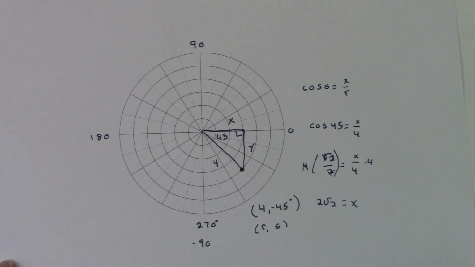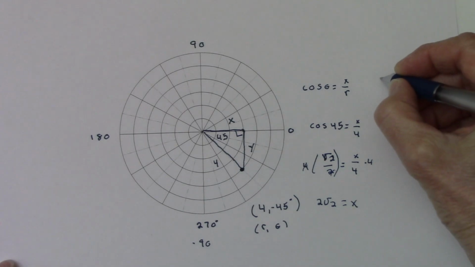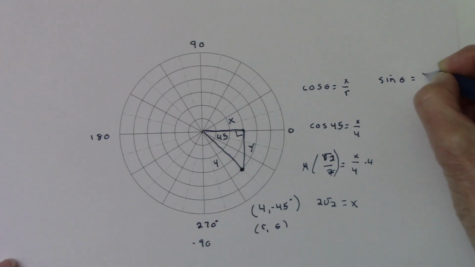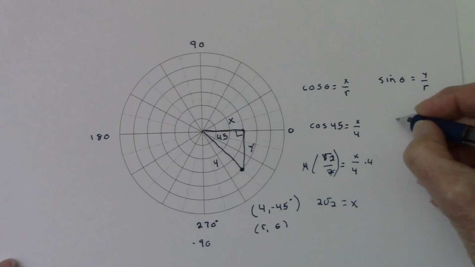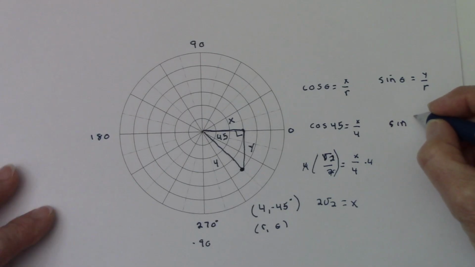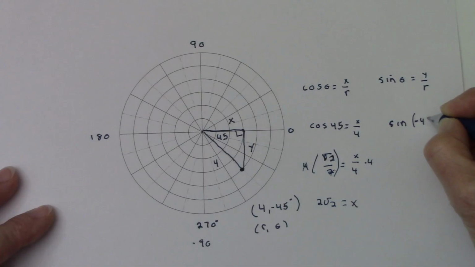Then when I find the sine, my sine of theta is y over r. If you do the negative 45, it makes more sense, so then I'll see where the negative comes from. It's y over r, and r is 4.